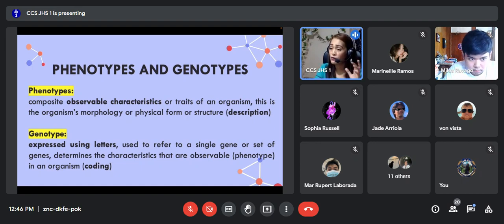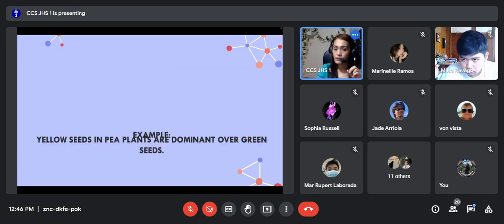So when you talk about genotype, you are expected to see that they are expressed as letters and codes. And later on, we will revisit, because again, you've learned this from your grade 8, how or which letter to choose in terms of the letter coding.